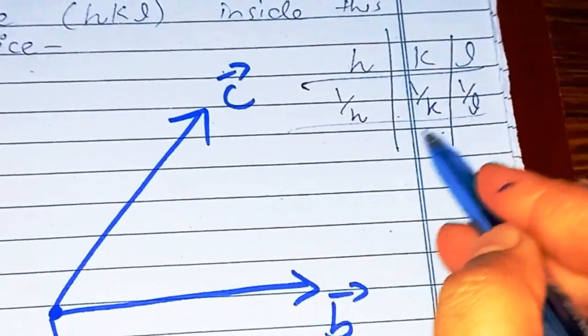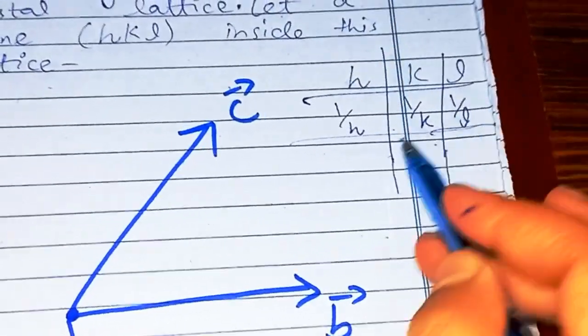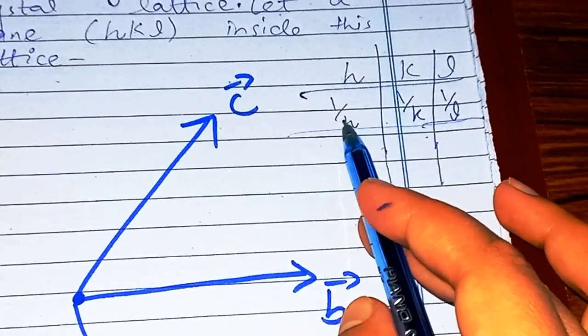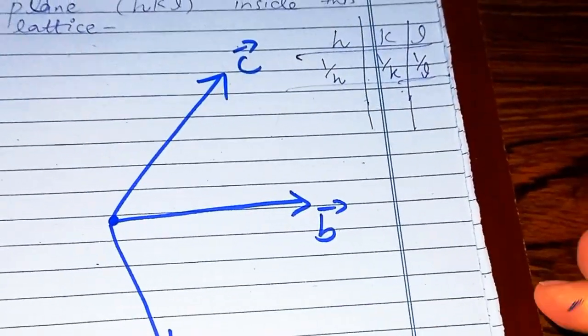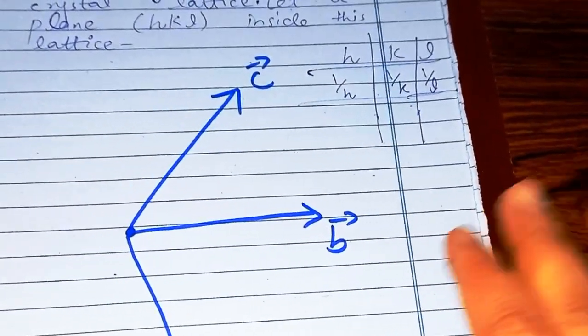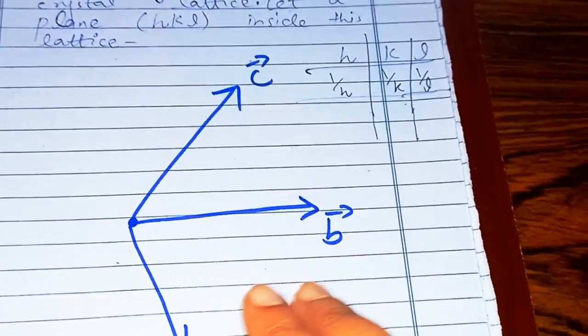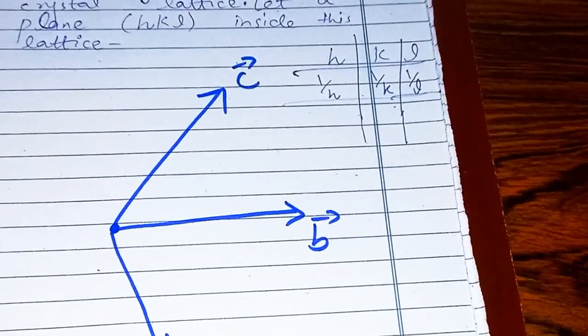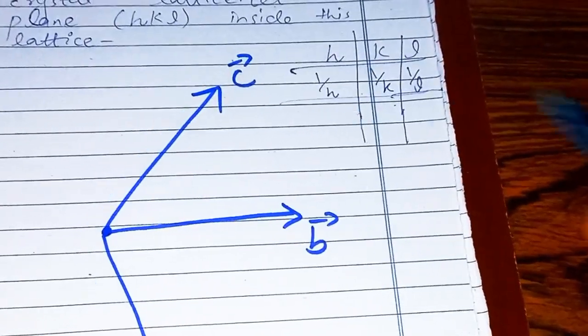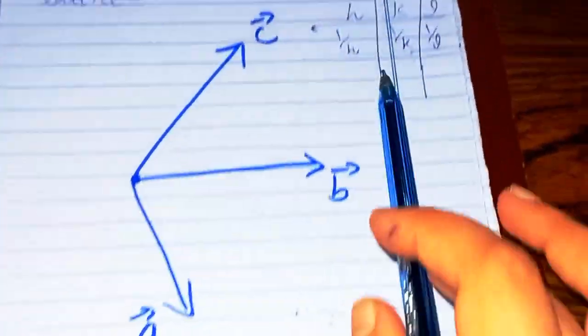The next step is to multiply the lattice parameters with each of these indices in order to incorporate the type of crystal lattice we are considering. Normally this step is not needed, but when you are considering the general treatment of Miller indices and planes, you need to multiply the lattice parameter with them.